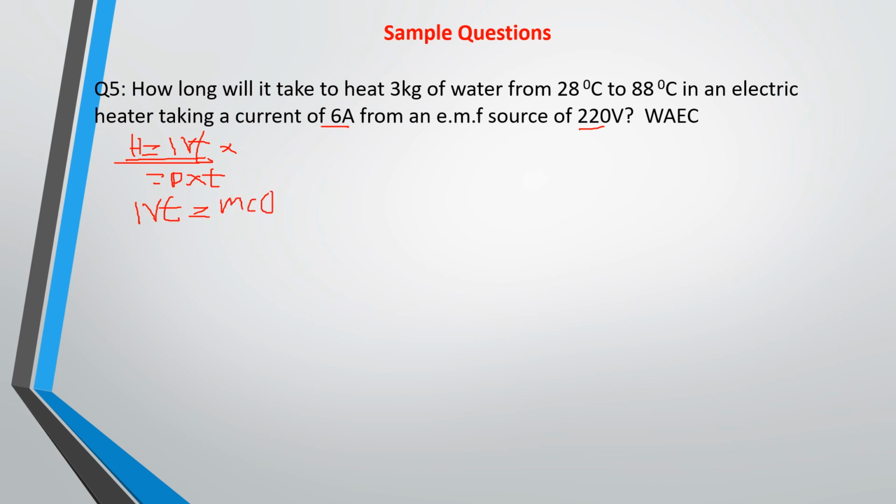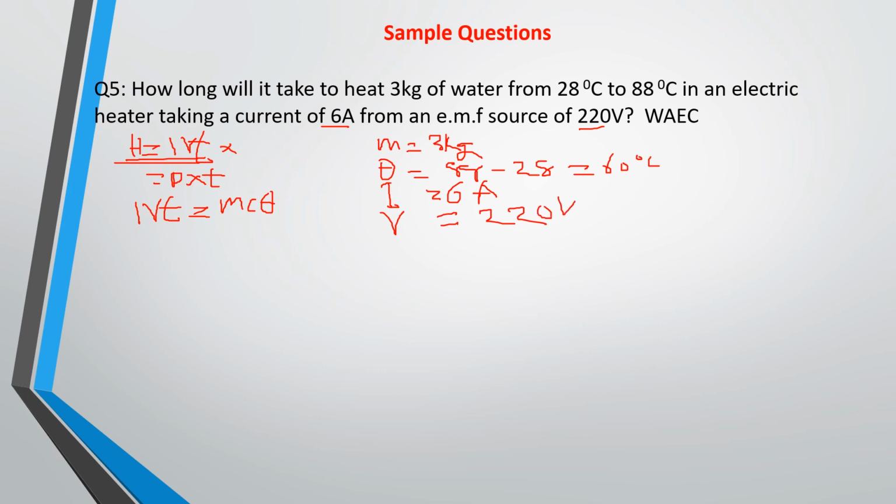is equal to mc theta. Fine, so let's bring out the variables. The mass of the water is 3 kg. Temperature change is given to us to be 88 minus 28, which is equal to 60 degrees. You are given current I to be 6 amps, and potential difference V is equal to 220 volts.